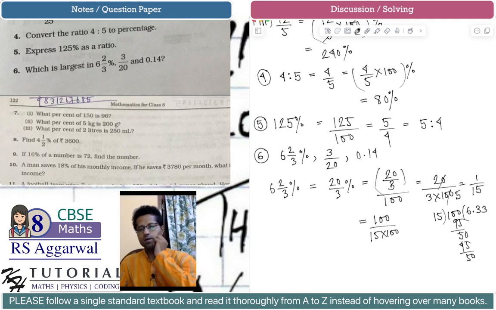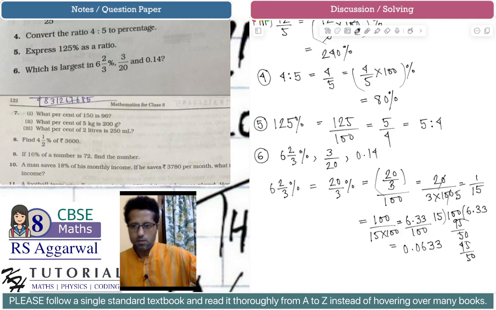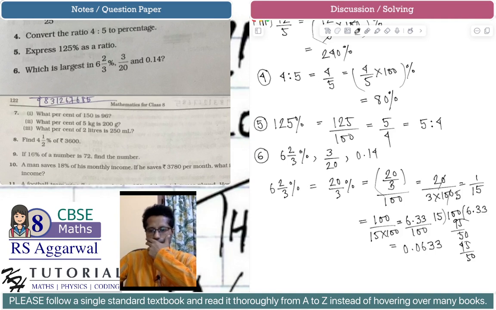Now 100 when divided by 15 is 6.33. We have 6.33 divided by 100. This is equal to 0.0633. So the fraction 1 by 15 is equal to 0.0633 as a decimal.